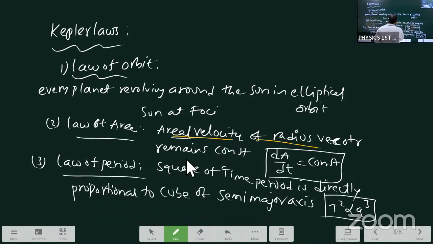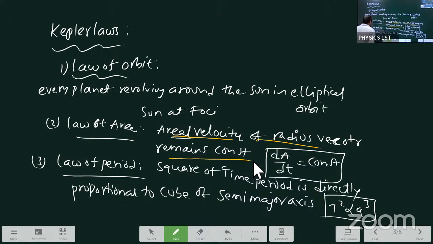A line joining the planet and the sun sweeps equal areas in equal intervals of time. Overall, you write that statement in the short way: areal velocity of the radius vector remains constant.